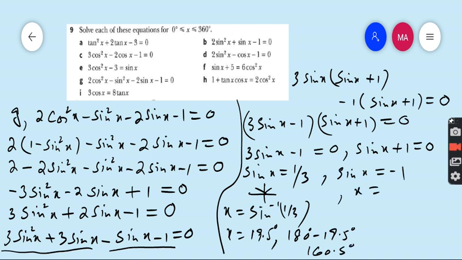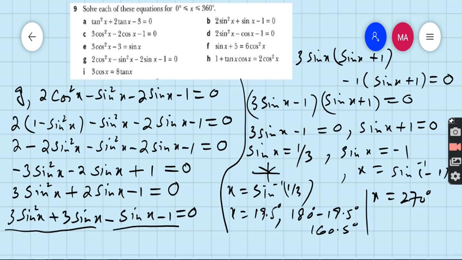For this equation, x is equal to sin inverse minus 1. We have already seen in a previous part that sin is minus 1 at only one angle, that is 270 degrees.